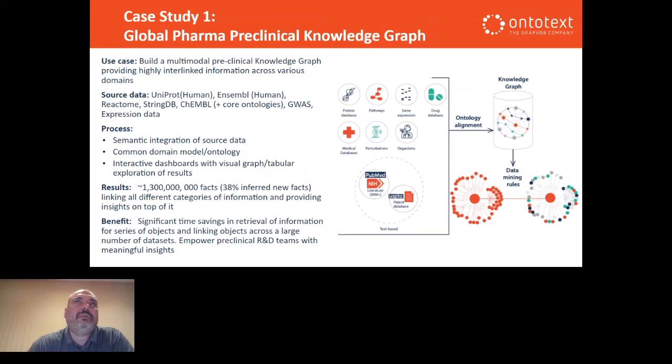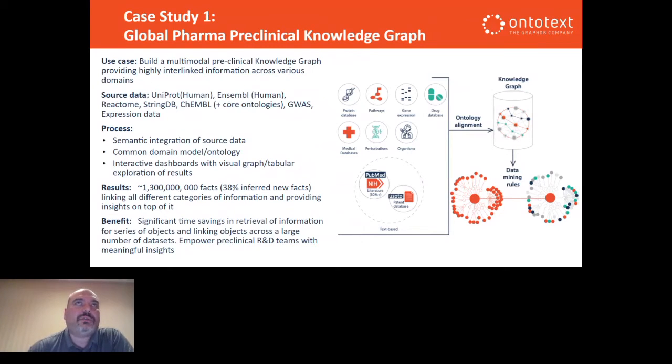So within less than 2 weeks, we managed to build a knowledge graph of close to 1.5 billion triples, facts, and a significant amount of the data, around 40%, was actually new inferred data based on the ontology that we included in the knowledge graph.